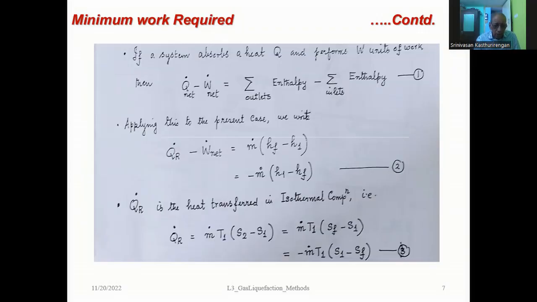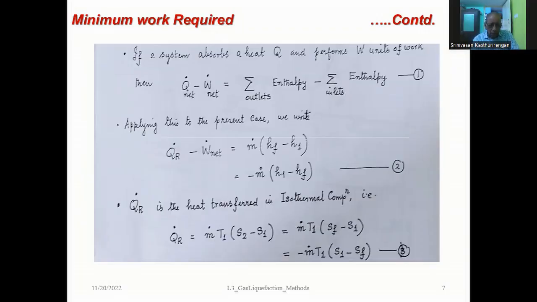What about the heat rejection? What sort of heat rejection is taking place? Q_R dot is the heat transferred during the isothermal compression. So we can write Q_R dot is equal to M dot T1 into S2 minus S1.